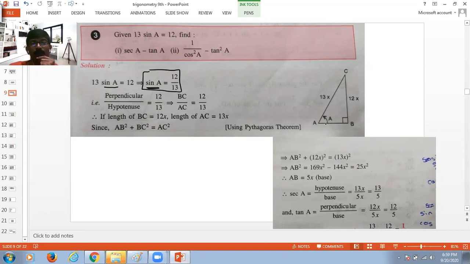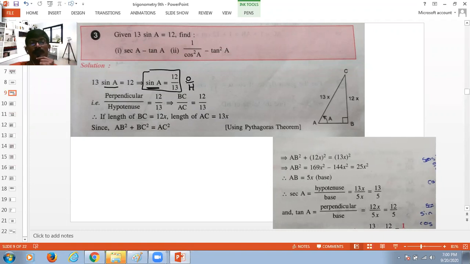And now from B, there has to be A somewhere and C somewhere. Once you get this right angle triangle ABC, you'll name it A, B and C, and B will be the right angle. Now A, what is sin A? Sin is basically opposite upon hypotenuse, isn't it?